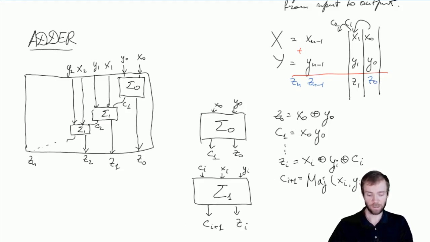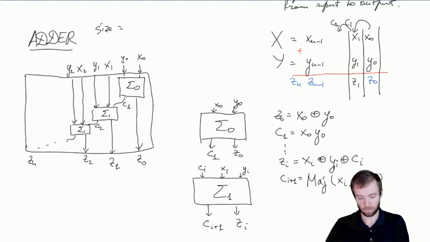And we'll actually not try to get the most efficient implementation of this circuit. We can say that, okay, this circuit can be implemented somehow so that it has some constant number of elements in it. And then we see that this larger circuit, the adder circuit, has size which is proportional to the number of inputs, because the number of circuits of type sigma i that we'll use is essentially equal to the number of bits in the input numbers.